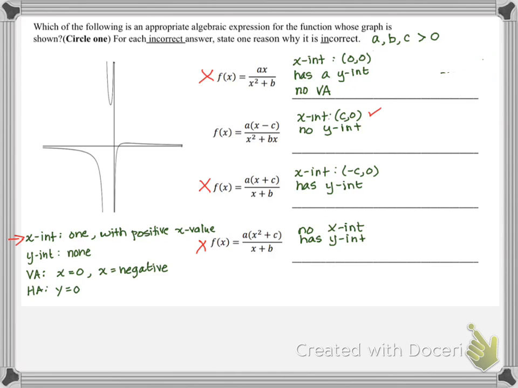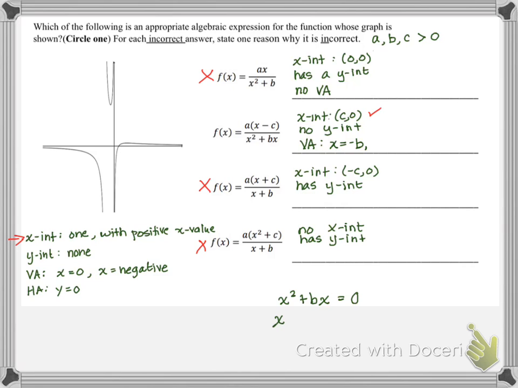What about the second one, vertical asymptotes? Negative b. Mm-hmm. And? How do we solve that equation?